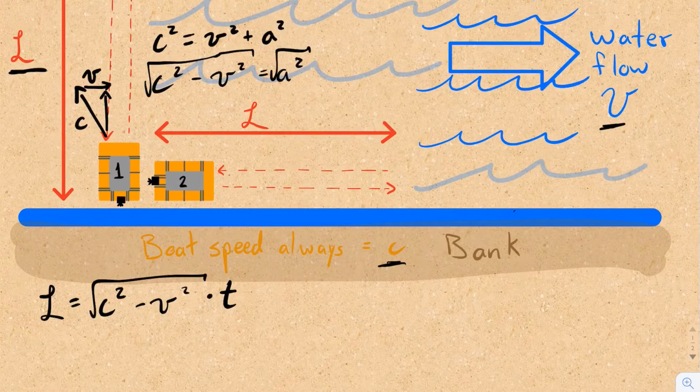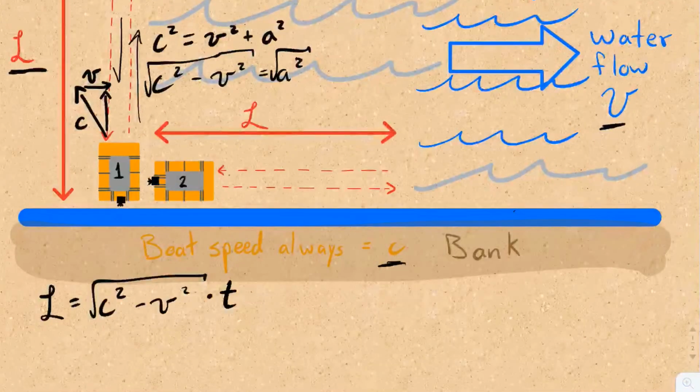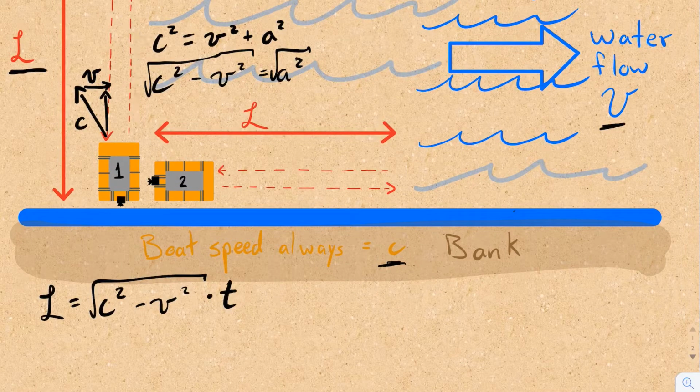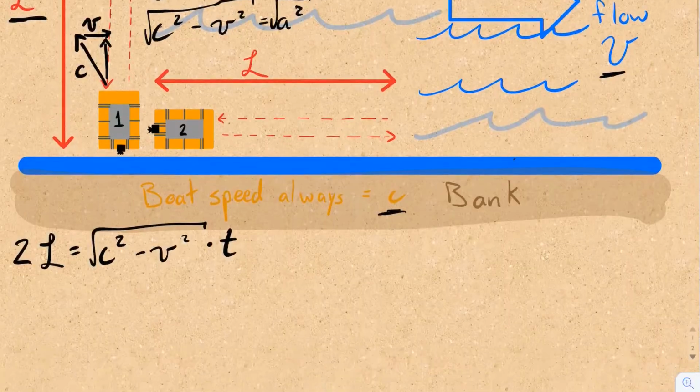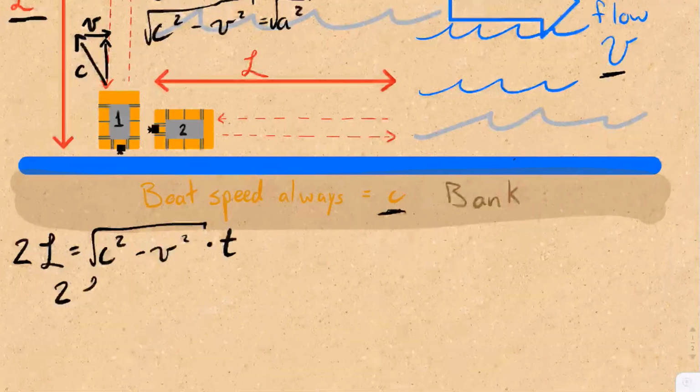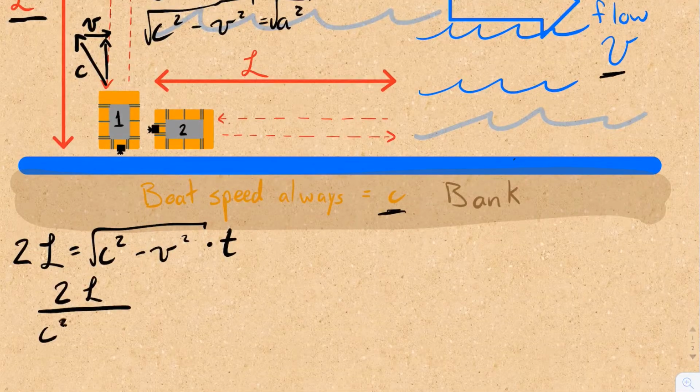But we also know that the boat is going across the river and back, and it's going to travel at the same speed across the river and back, because even though it's going in the negative y direction, the velocity is not going to change. So we can just say that the distance is twice as long, and then we just solve for t. All we have to do is divide. So we have 2L over the square root of c squared minus v squared equals t.